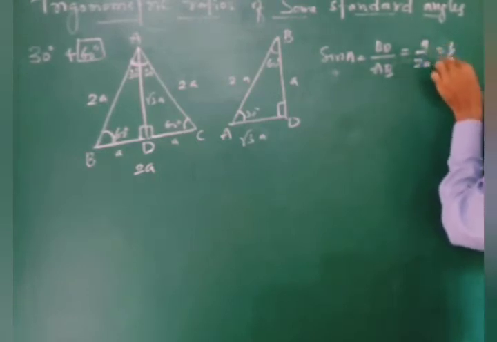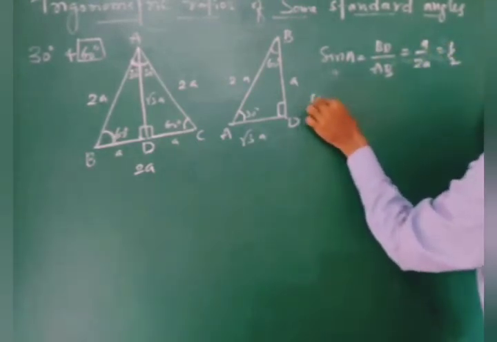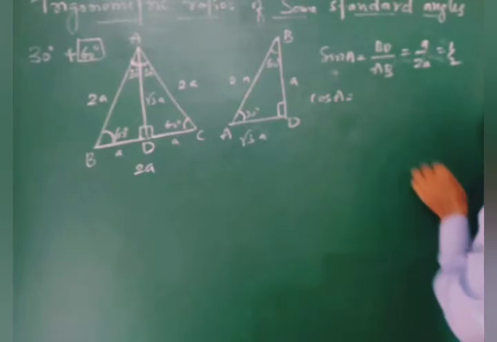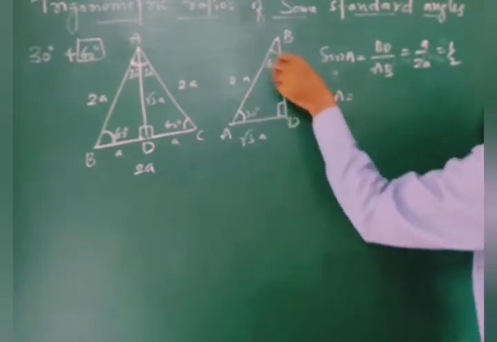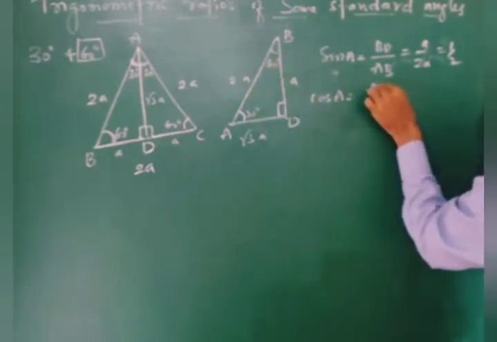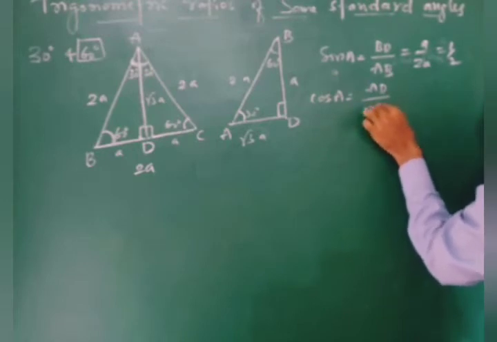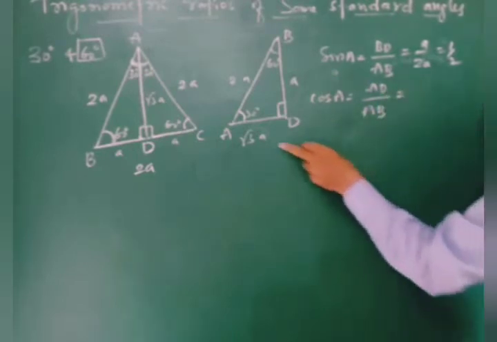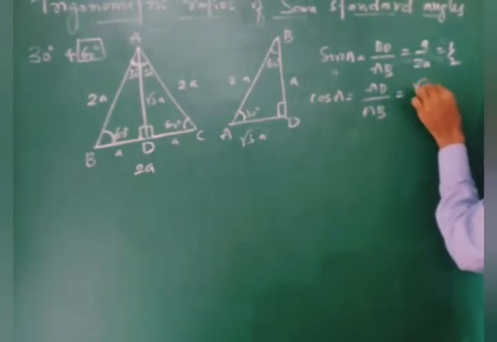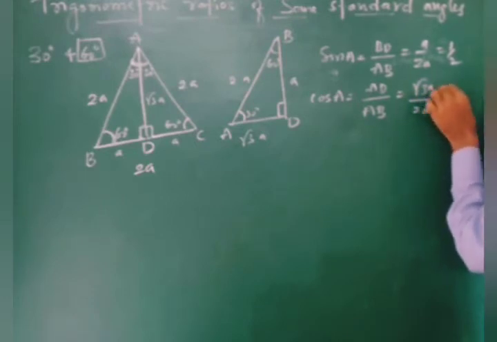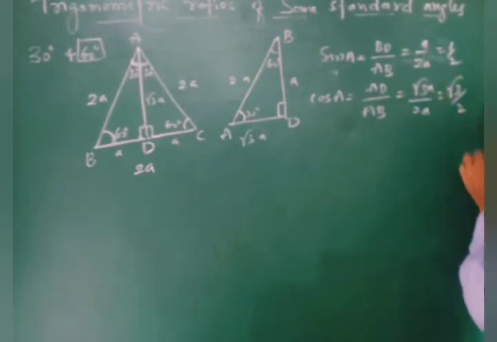And what we get here? 1 by 2. Cos A, that is base by hypotenuse, that is AD by AB, that is root 3A upon 2A, which is equals to root 3 by 2.